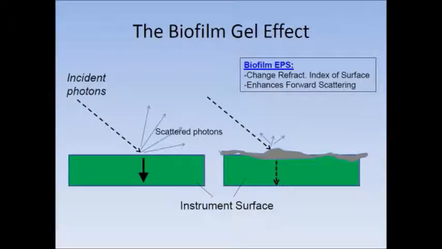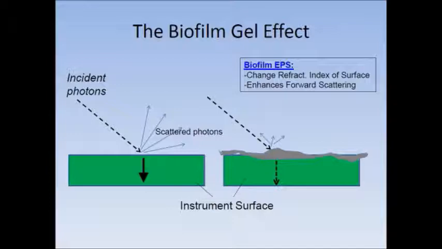And we can see this in this diagram where the incident photons are coming in from the left side, just as an example. They're scattered in all directions, and a portion of these enter the instrument sensor. When we have a biofilm, there is enhanced forward scattering, so there are more photons going into the sensor under some circumstances and more photons being scattered under other circumstances.